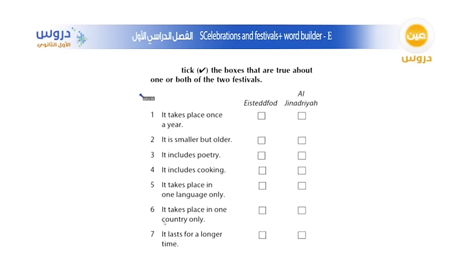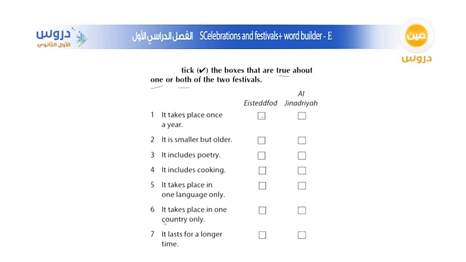Okay. Now, what I have to do is to tick the boxes that are true about one or both of the two festivals. We've got Eisteddfod and Al-Janaduriya, and both. When ticking the boxes that are true, they are not false, they are true, about one or both.